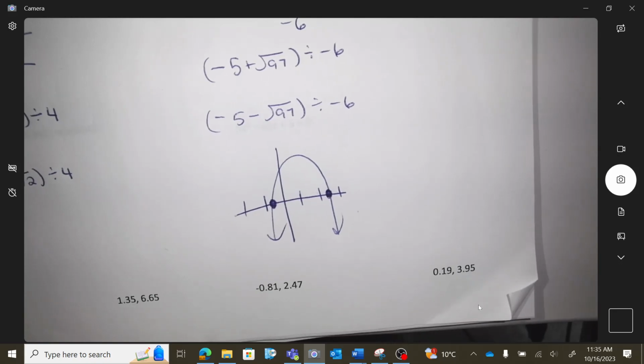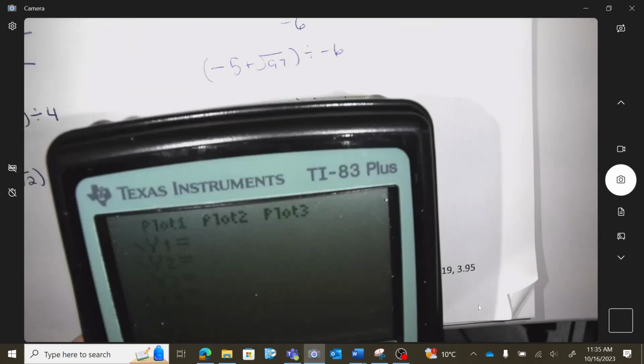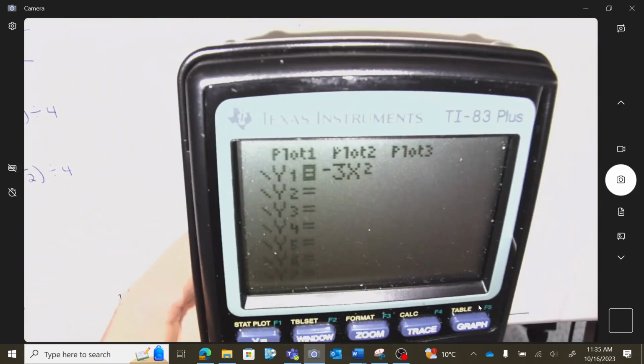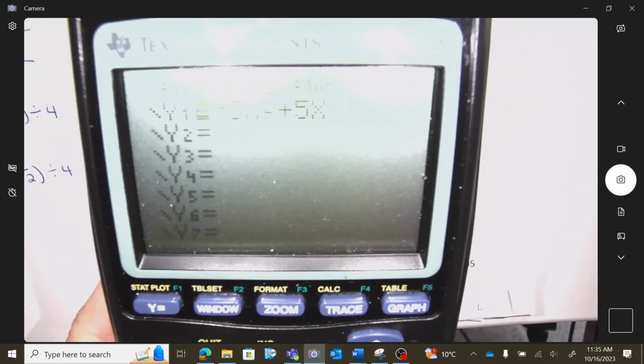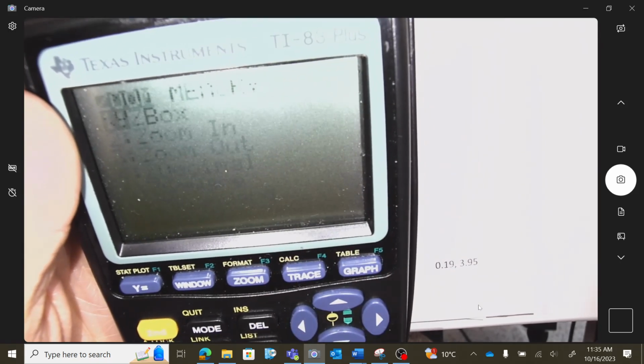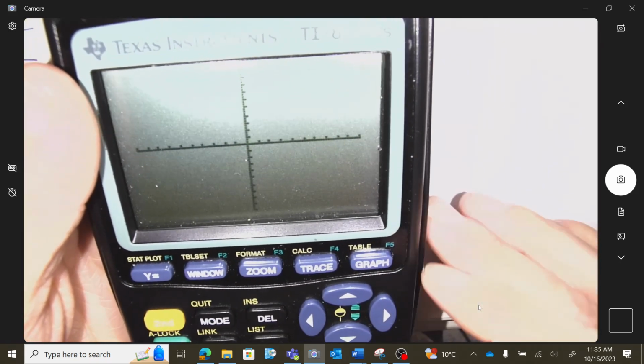So my applied people, who's in my applied class next semester? Anybody? You're going to take applied? Maybe? Okay, so what do my applied students get to do? They get to use this calculator and they get to type in -3x squared plus 5x plus 6. They get to type that in and then graph it.